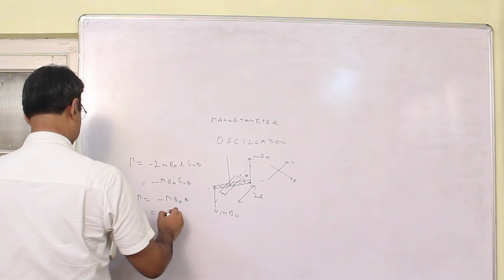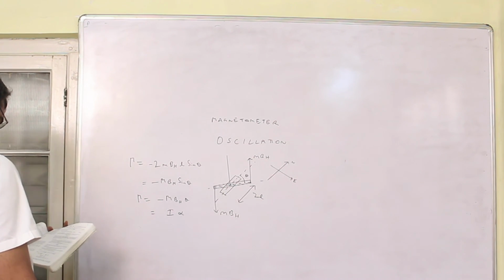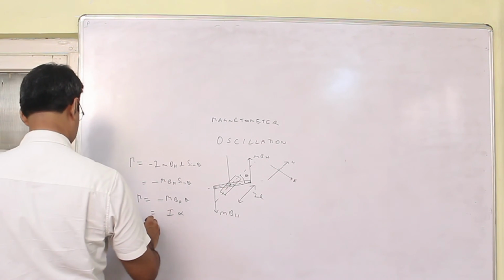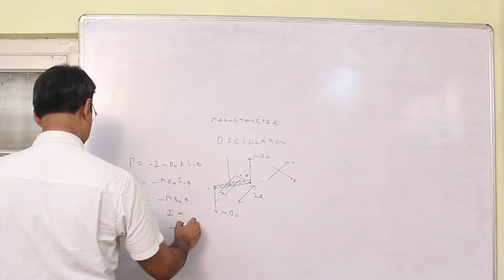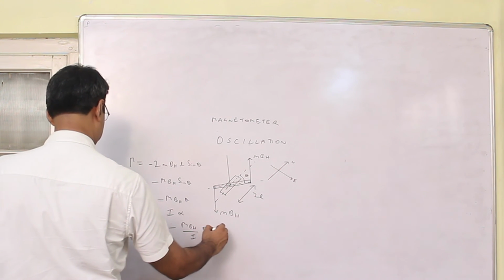Now you know that torque is equal to I alpha. This is the formula. So we can say that alpha is minus M BH by I into theta.